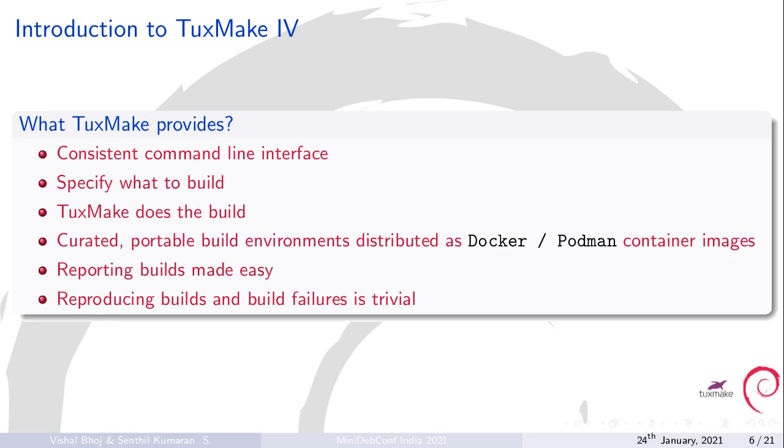TuxMake provides a consistent command line interface to build the Linux kernel for these multiple combinations which we saw just now. TuxMake publishes containers for various toolchain architecture combinations as Docker or Podman container images. These containers eliminate the need for individual developers to source and install multiple toolchains and toolchain versions on their systems.